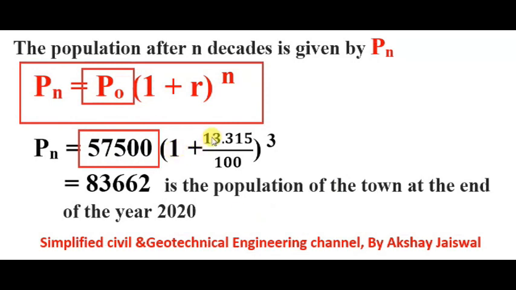Then 1 plus R, value of R is 13.315, which we have calculated in table, and we need to divide it by 100, and then value of n is 3, and after all calculations we will get value of Pn as 83,662, which is population of the town at the end of the year 2020. Here we completed second method of calculation, that is geometrical increase method.